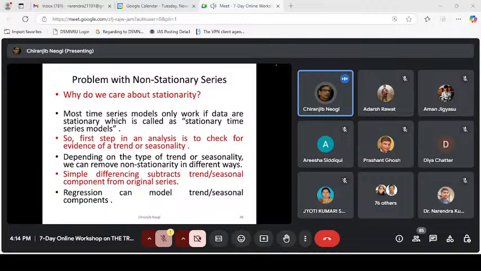So the first step in an analysis is to check for evidence of trend or seasonality. Depending on the type of trend or seasonality, we can remove non-stationarity in different ways. Simple differencing, or subtracting the trend or seasonal component from the original series.